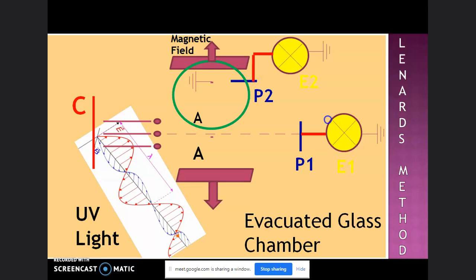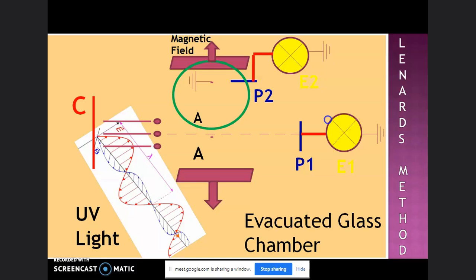Only those electrons which are incident on that hole pass ahead to the P1 terminal. The electrons pass through that space only, not from other places. So the path of the electron is along the dotted line, and initially no magnetic field is applied.